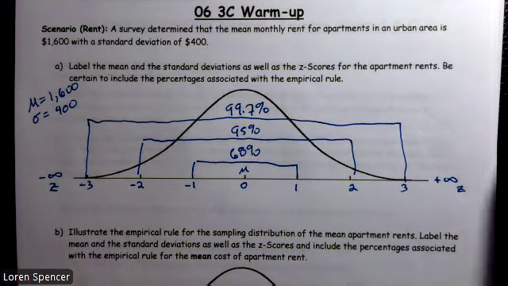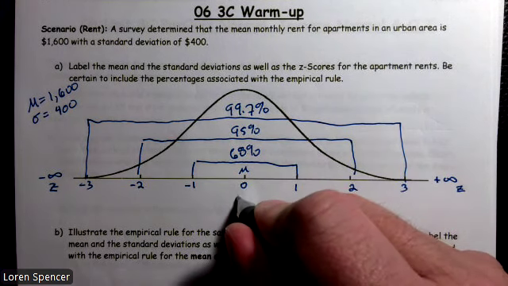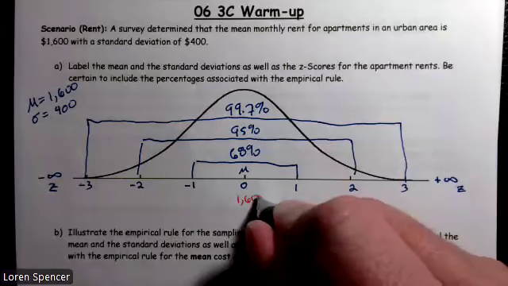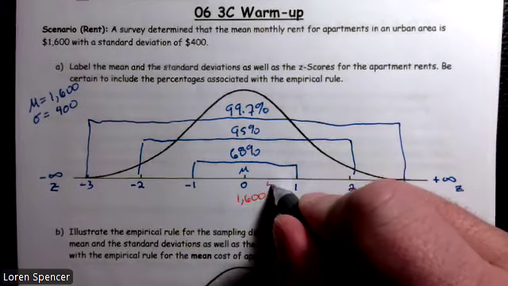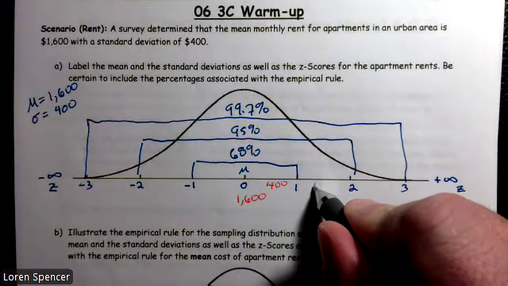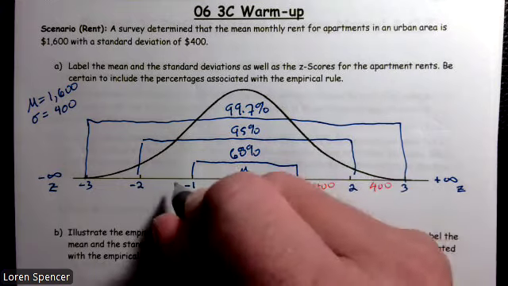We said we had a mean of 1,600. So our actual values are done in red on this video. We have a standard deviation of 400, which means every single step is changing by 400.